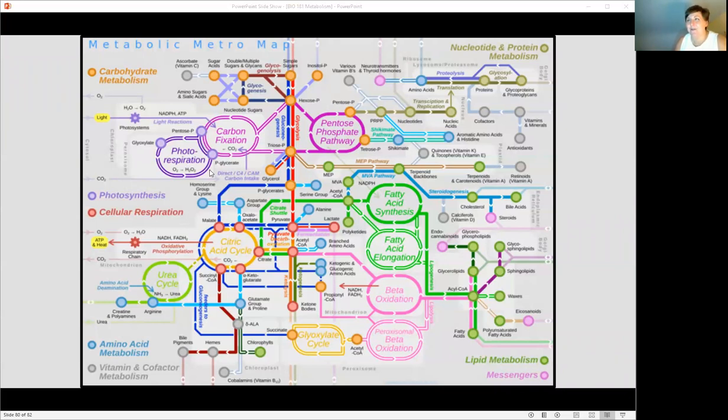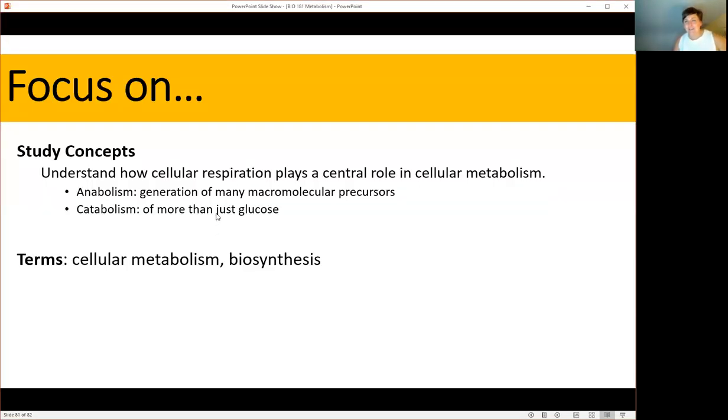What do you need to know from this lecture? This lecture was primarily meant to contextualize the role of cellular respiration in cellular metabolism, but it is important that you understand its central role in cellular metabolism. Understand how it plays a role in anabolism of macromolecules, how it can generate a lot of macromolecule precursors, and also that it doesn't rely on just glucose, that a lot of other macromolecules can enter this pathway.